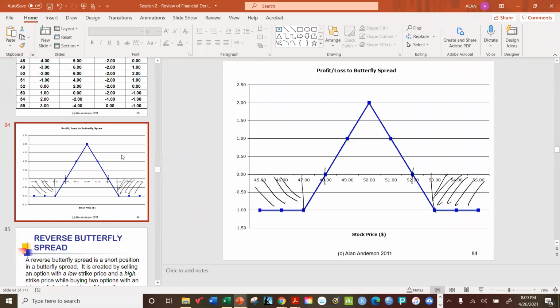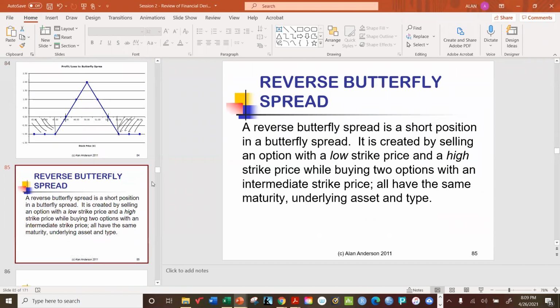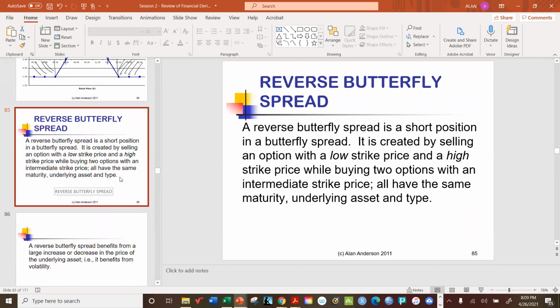Now, what if I have the opposite view? Suppose I think that the price will be very volatile in the next few months. What I can do is exactly the opposite of what I just did. In other words, I have X1, X2. Sell, sell, and buy 2.